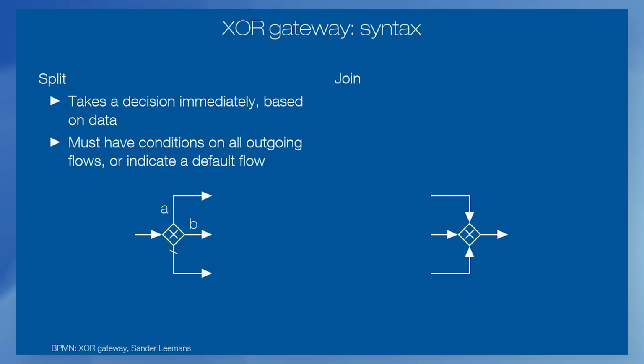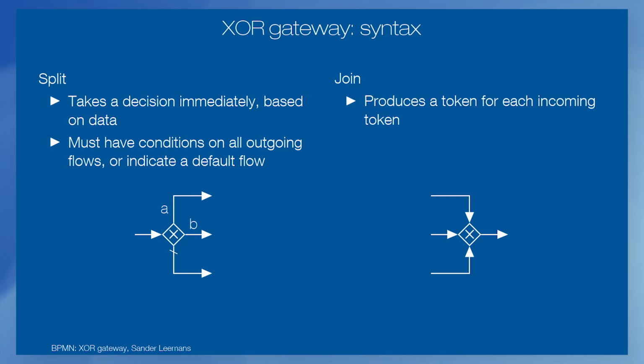This means that each outgoing sequence flow must have a condition on it or be the default. In this small example, this indicates the default, a small diagonal line through the outgoing sequence flow. And you see a default sequence flow does not have a condition.